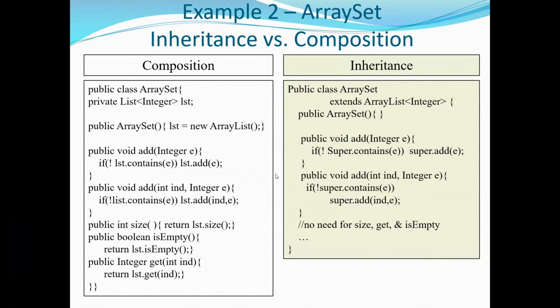Notice that the amount of coding in composition is more, even though it gives you more control. The amount of coding in inheritance is smaller. However, sometimes if you forget to override a certain method, the code that you provide might be violated by the client. That means a kind of backdoor where the client can violate it, and maybe it will cause some problems to your code.